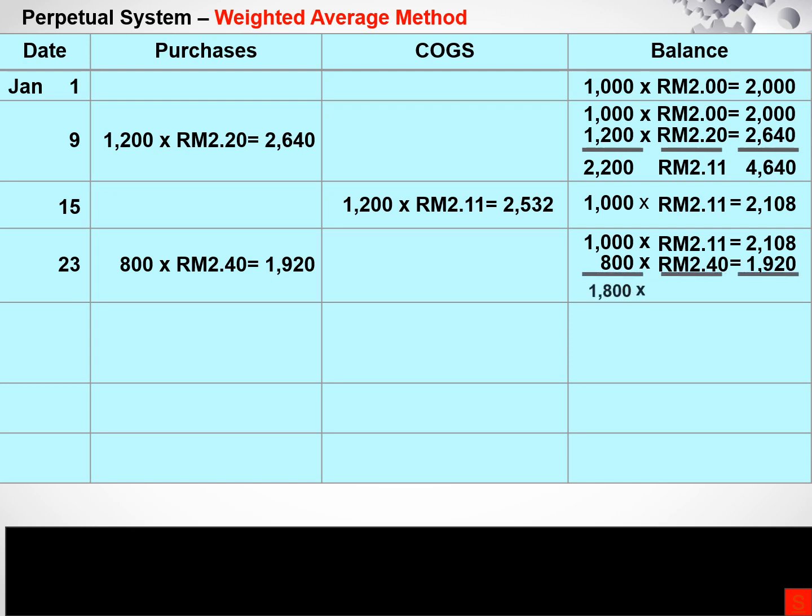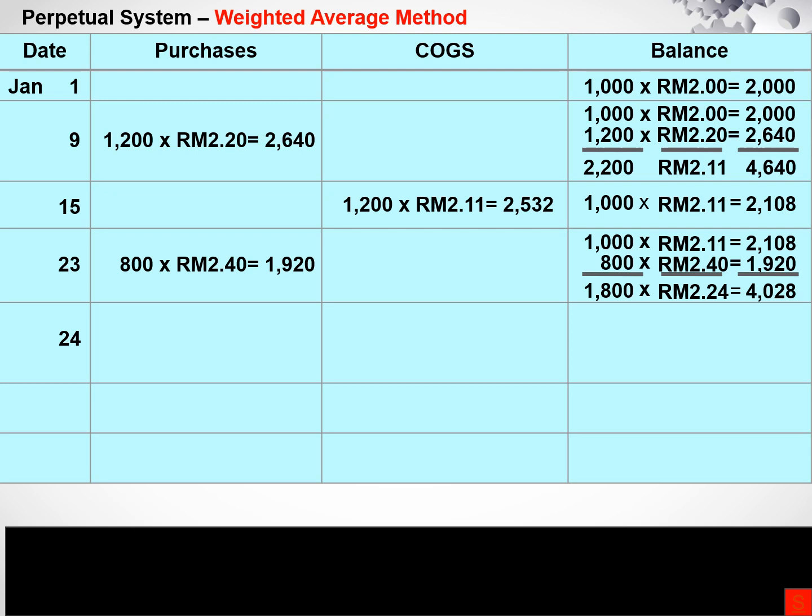So the total units are 1,800 unit and the total costs are 4,028. So the cost per unit equals to 4,028 divided by 1,800 equals to 2 ringgit and 24 cents.